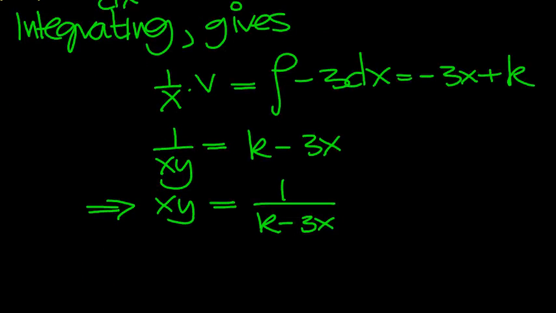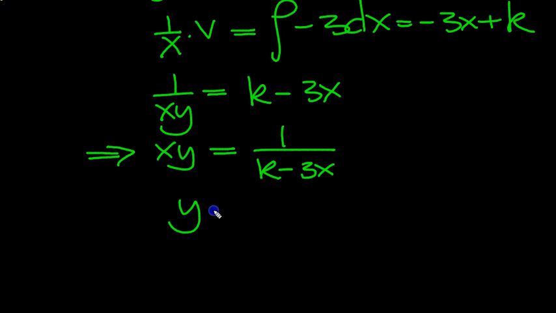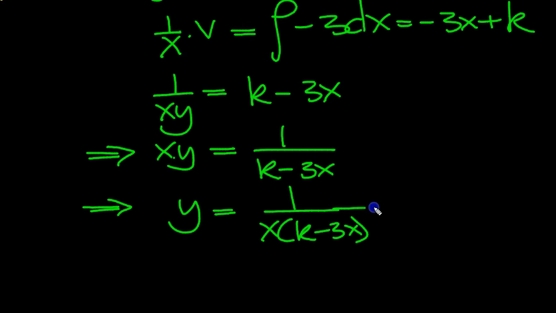And then finally we can get y. So move the x from times on one side to divide on the other, and we get 1 over x bracket k minus 3x. More than one term underneath, put a bracket. So there's a bracket around this, so that when you move this, you can move it to times underneath. Okay, there we are.